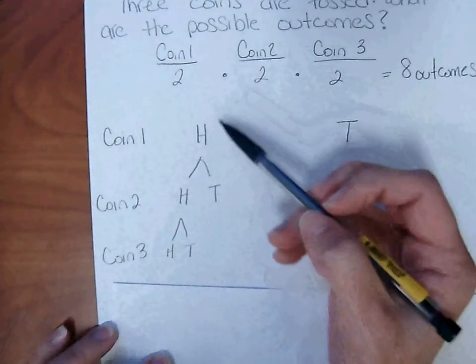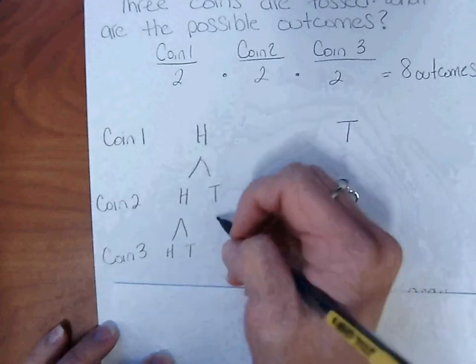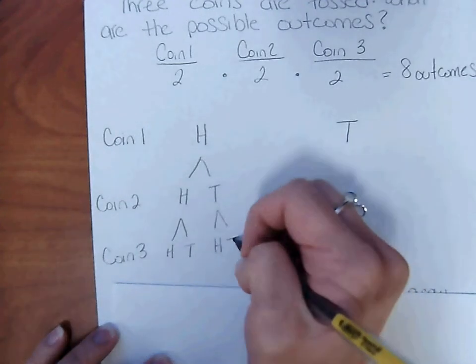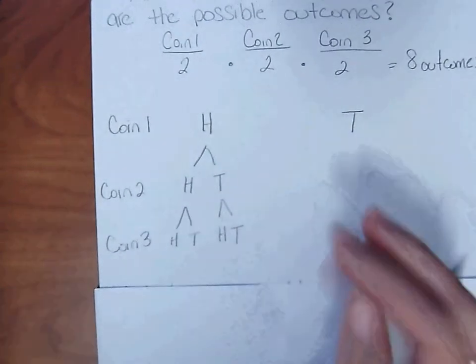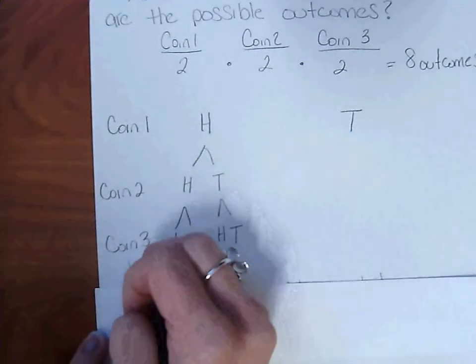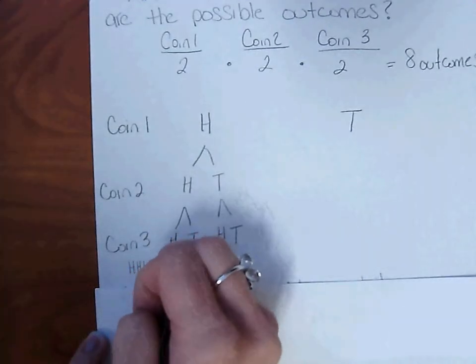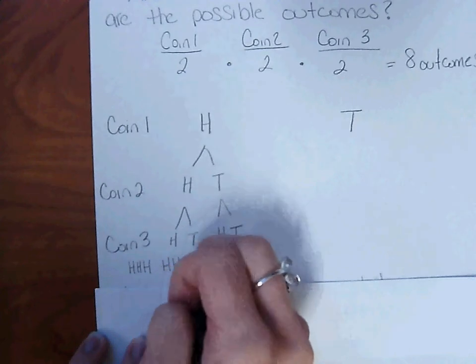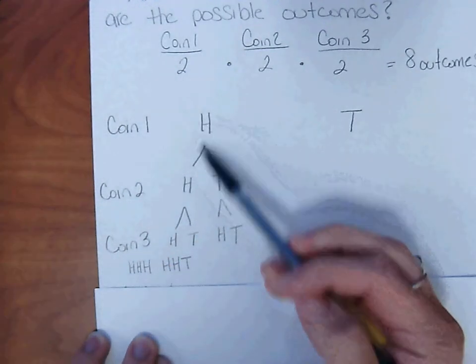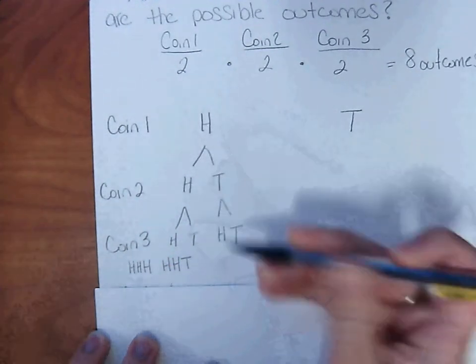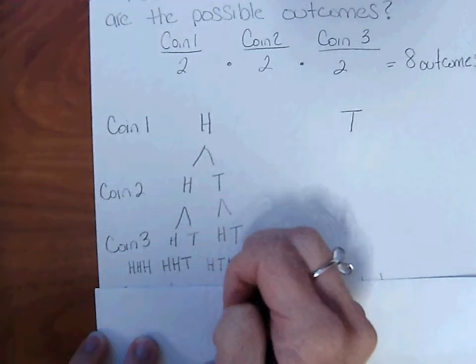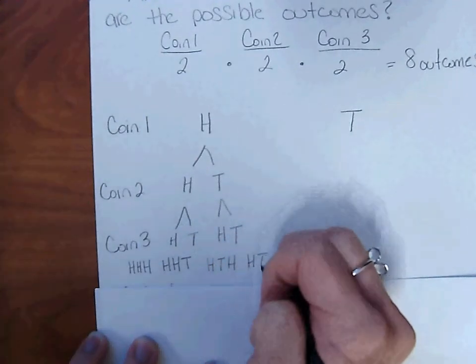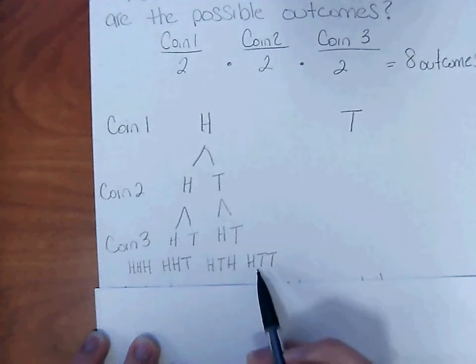If coin 1 was heads and coin 2 was tails, I could also get heads or tails on the third toss. So pulling this off the tree: heads, heads, heads; heads, heads, tails. And on the other side it would be heads, tails, heads; heads, tails, tails. 1, 2, 3, 4. 4 outcomes.